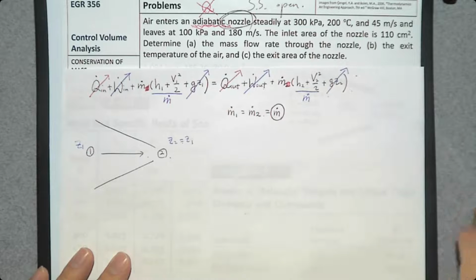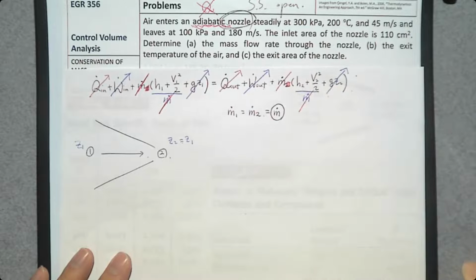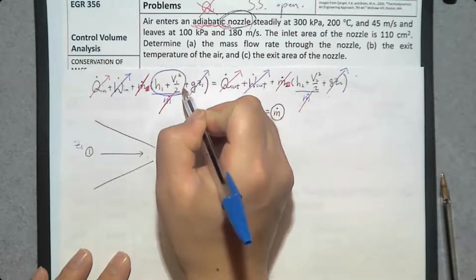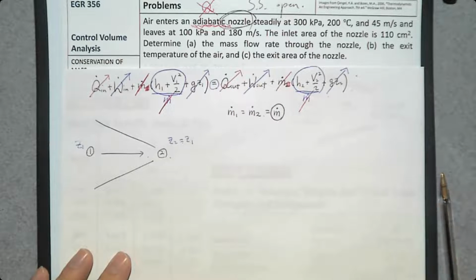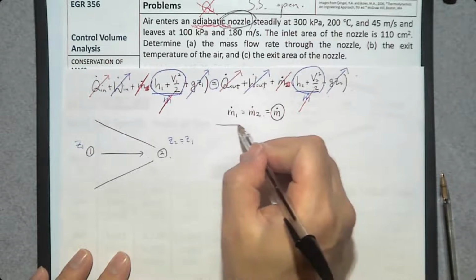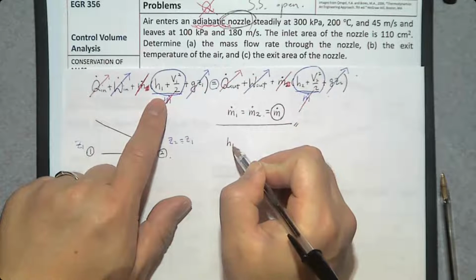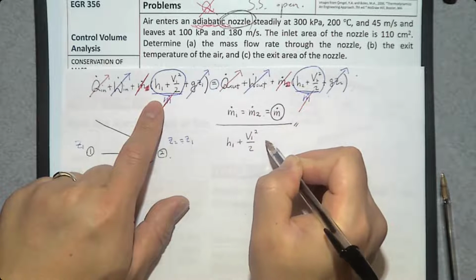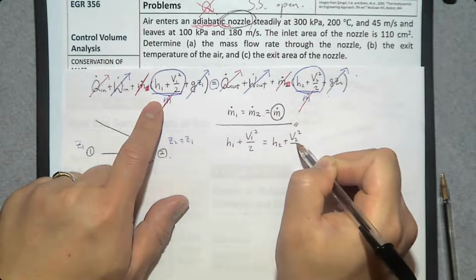Then you can neglect M dot. Then the remaining is the sum of specific enthalpy and kinetic energy. It should be the same. So this is the mass balance equation, and the energy balance equation is h1 plus V1 squared over 2 is h2 plus V2 squared over 2.